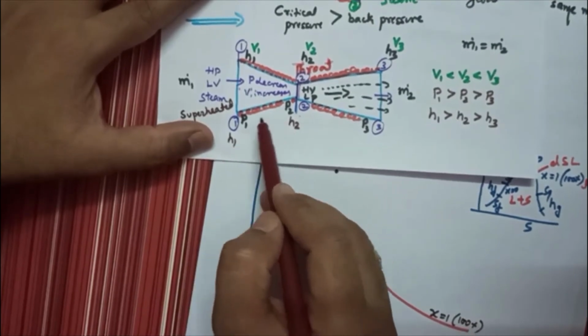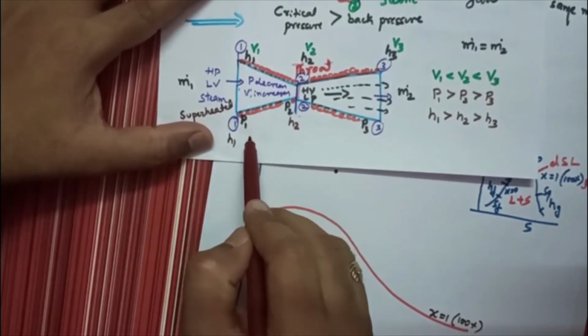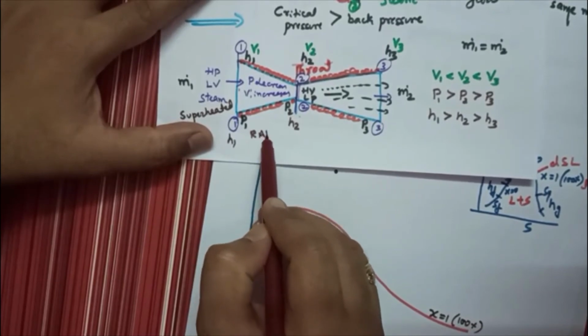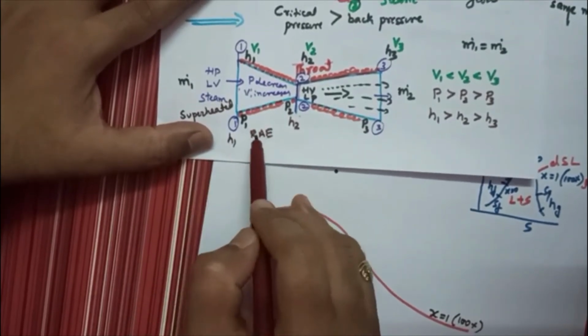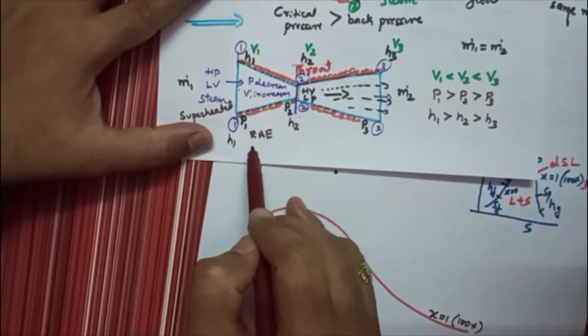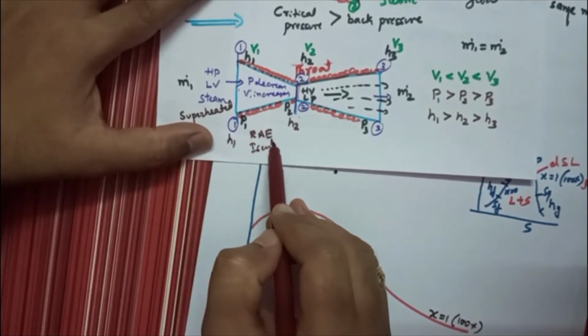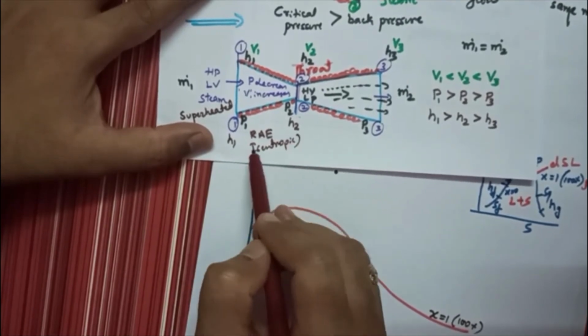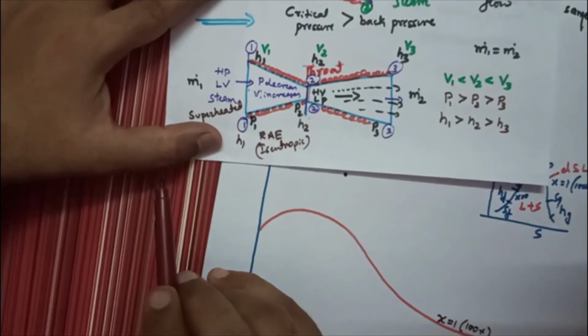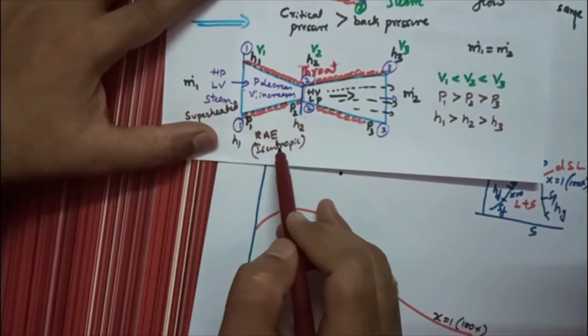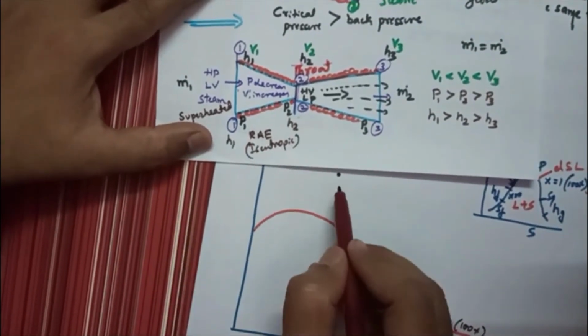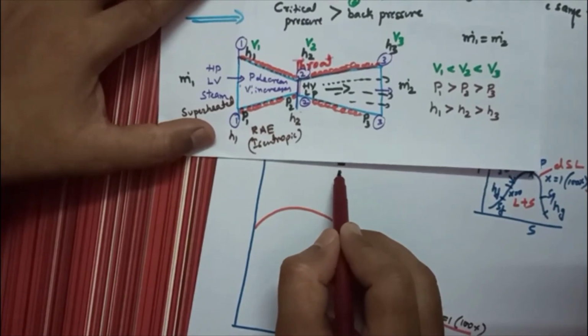And what type of expansion process is it? Reversible adiabatic expansion process. Reversible adiabatic expansion is also called isentropic, because I have not considered any friction factor here. So isentropic process. An isentropic process will be represented by a vertical line.